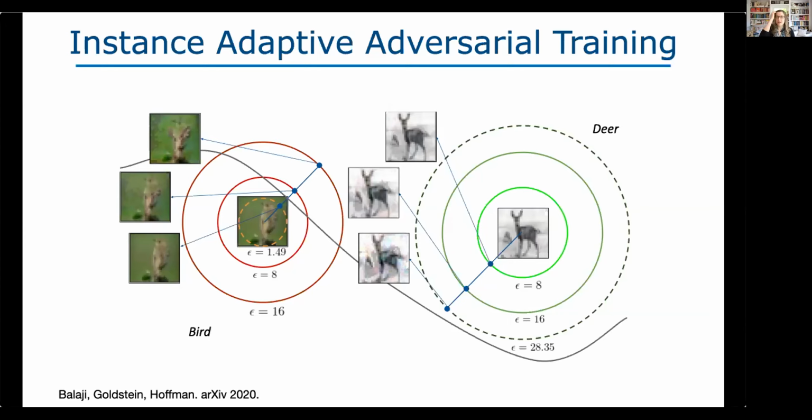What that means is that you only need a tiny, tiny epsilon, a tiny perturbation, before you start misclassifying this. And if you actually use an epsilon of 8 or 16, you'll notice that the output image is starting to actually look like a deer.